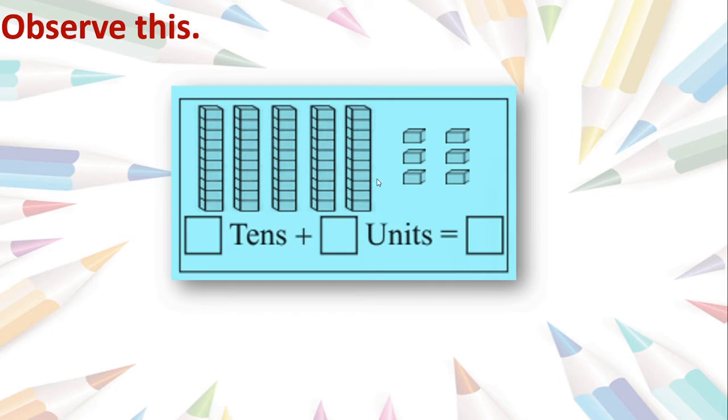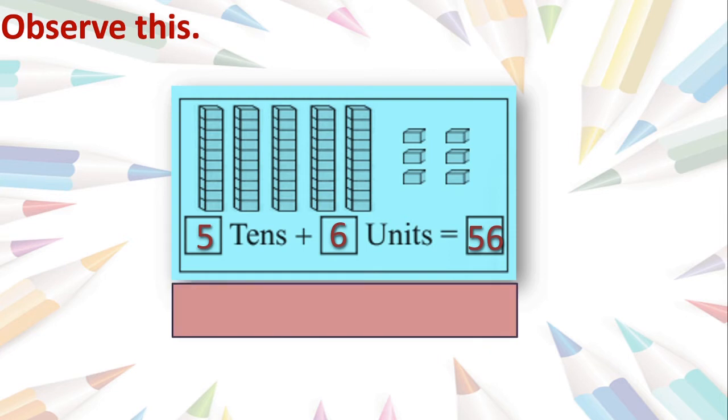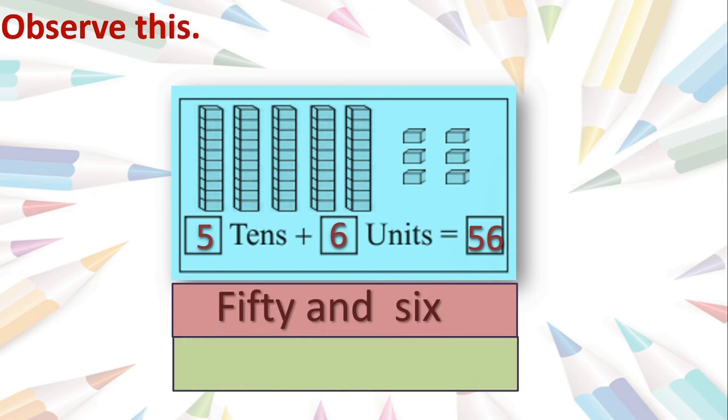So here 5 tens and 6 single units. Both together, that is 5 tens plus 6 units together make 56, right? We'll write in words: 50 and 6, that is 56, correct?